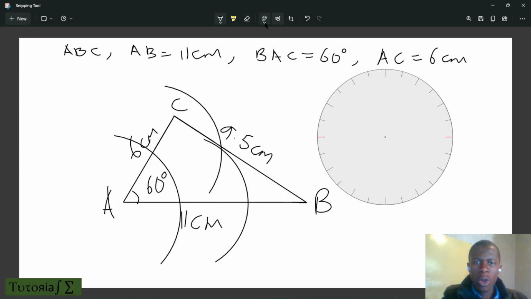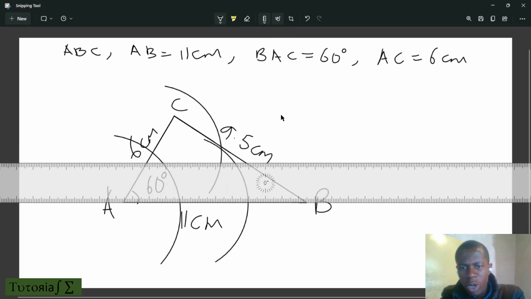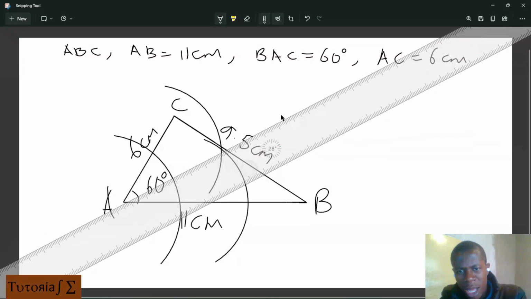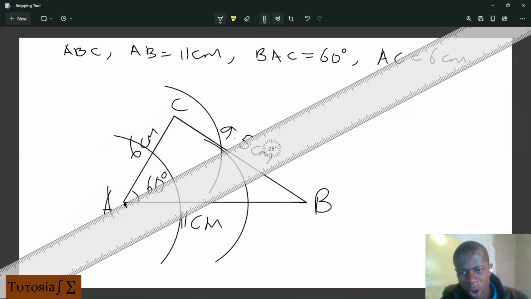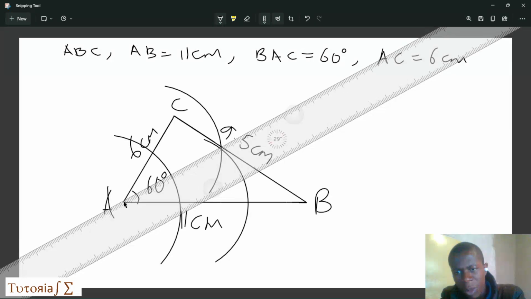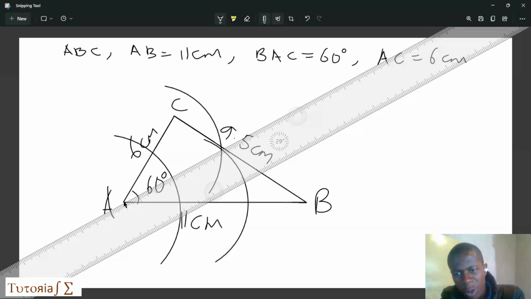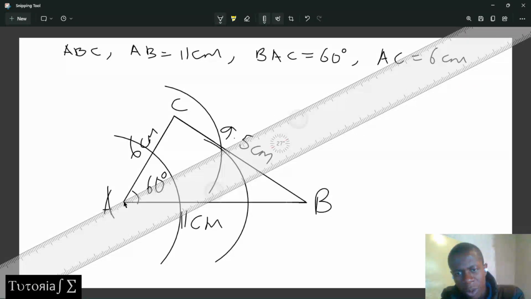Then you get your ruler. You make sure that your ruler goes through this point where they are touching and the point A there. It starts from the point A and it goes through that point there. But remember, we are told that it should be within the triangle. So the line that we are going to draw should be within the triangle.